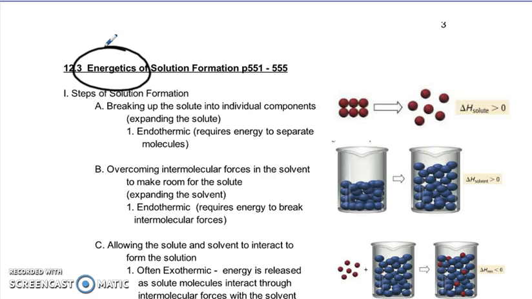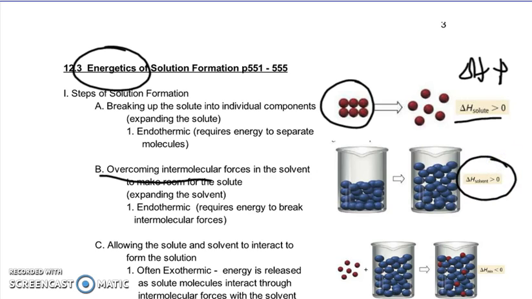So this has to absorb energy to break apart. Notice that delta H is positive. So overcome intermolecular forces. Again, you have to make room for the solute to expand into the solvent. So you have to overcome this. You need to add energy. Once again, this is endothermic.